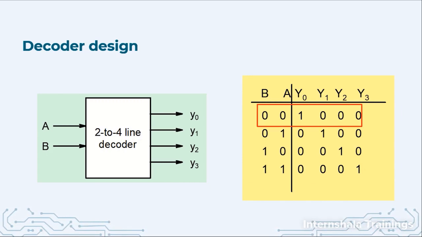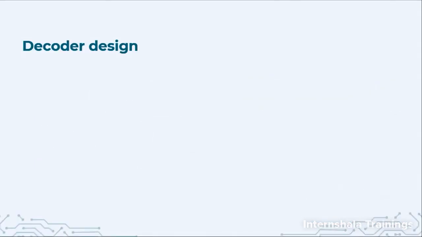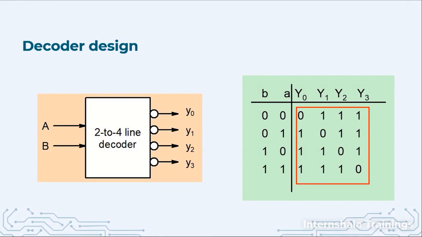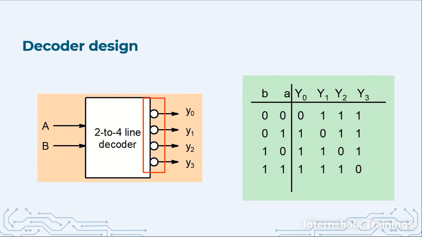For 0 1, Y1, 1 0, Y2, and 1 1, Y3. We can design our decoder in exactly the opposite way also. That means the assigned output will be 0 and all others will be 1. The bubbles at the output terminal of our block diagram represent that the outputs have been inverted, they have been complemented.